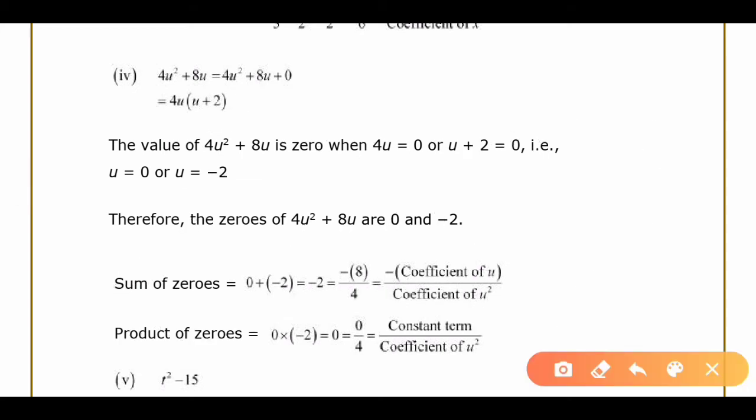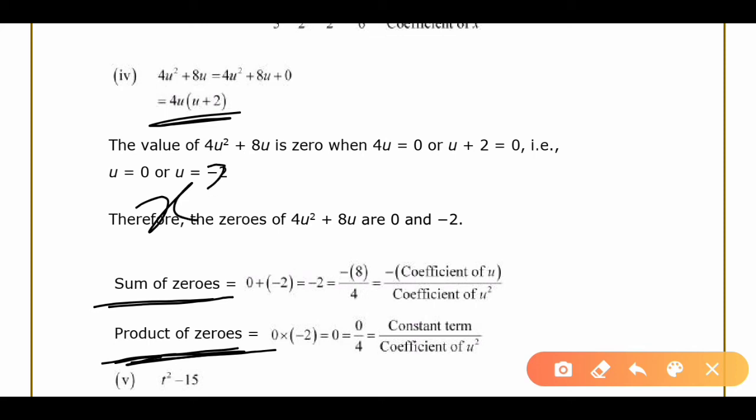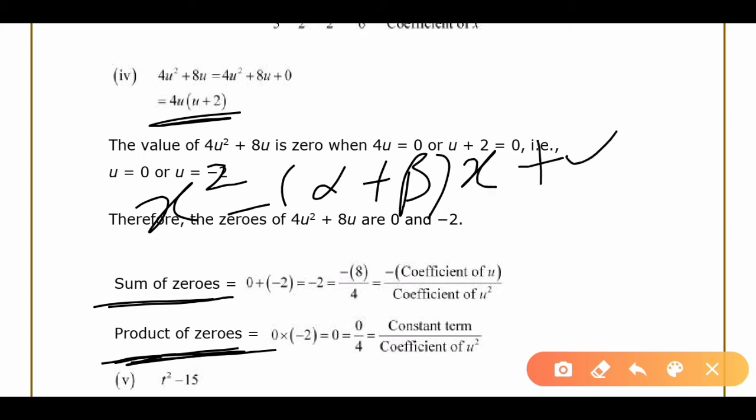If we put the values of the sum of zeros and the product of the zeros in the equation x square minus (alpha plus beta) into x plus alpha beta is equal to 0, then we'll get the original equation, this one. Clear?